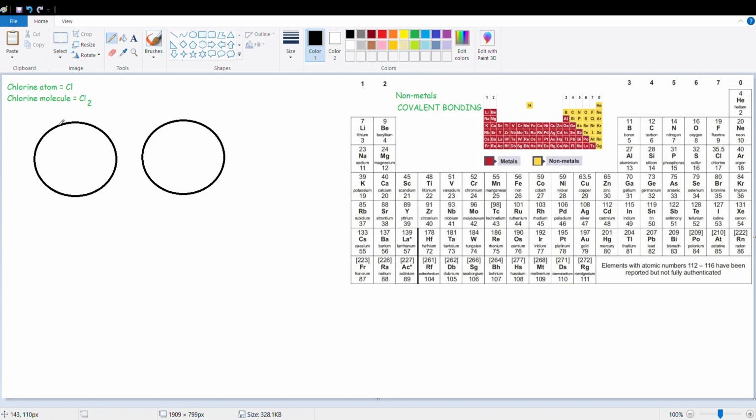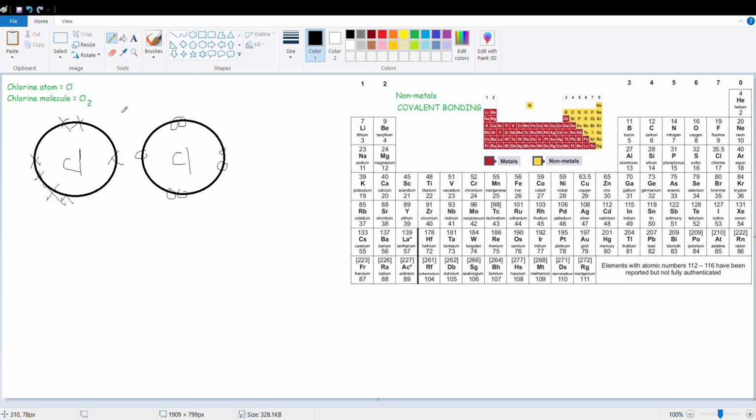So I have 1, 2, 3, 4, 5, 6, and 7, and for the other, 1, 2, 3, 4, 5, 6, and 7. Now we need to make 8. We know this is chlorine, there's another chlorine, and we need to make 8.